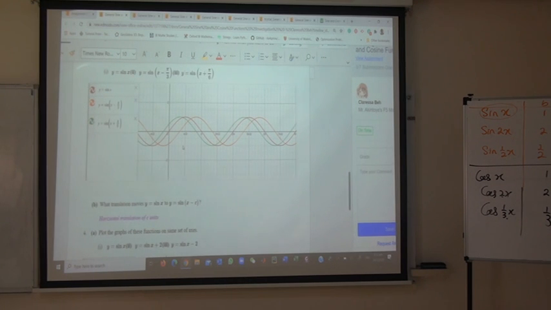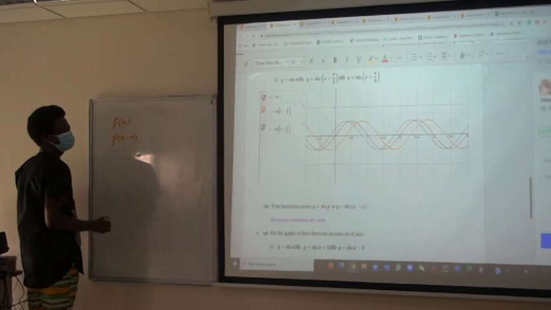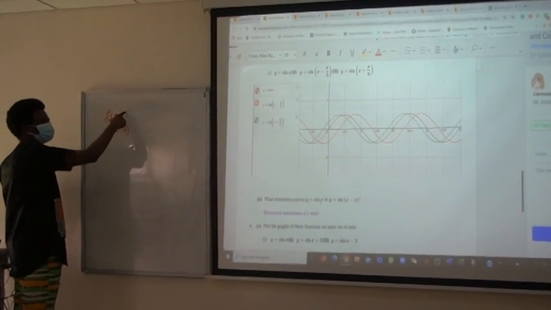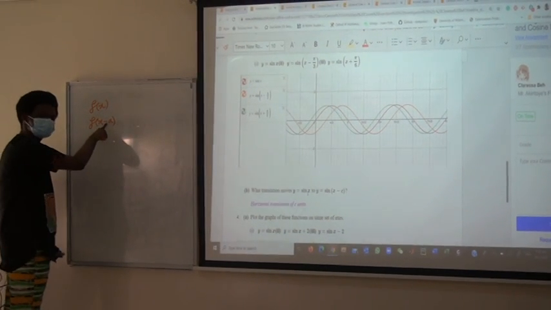It's a translation, the horizontal translation. So it's similar to what we know from functions also. If you have f of x as a function, f of x minus a translates the original function a units to the right.